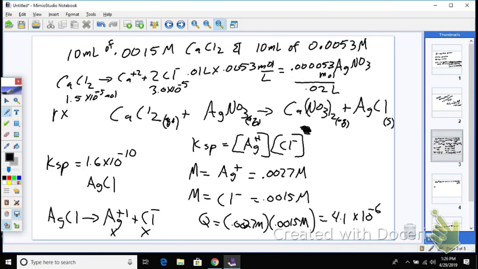Now if these two are at such a low level they don't form a precipitate, it's just going to be a solution and it's not going to be saturated. So at that point it's not saturated, so we can't have it equal to KSP. This is only based upon saturated solutions.